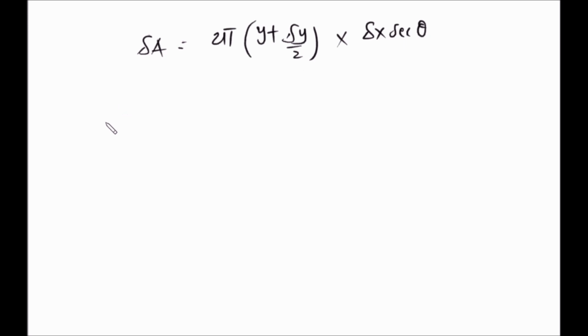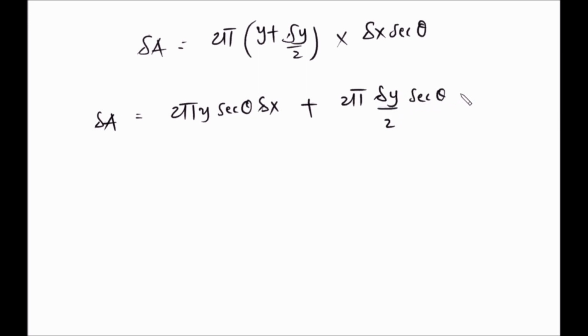Tuingize hizo ndani, delta A itakuwa 2 pi y sec theta delta x jumlisha 2 pi delta y over 2 sec theta delta x.